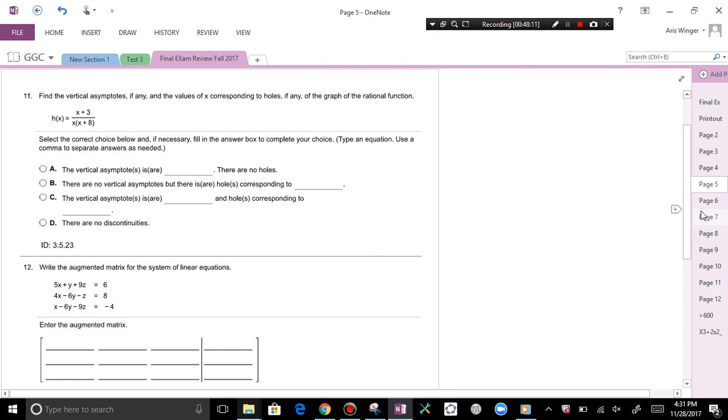Vertical asymptotes. Set the denominator equal to 0 and solve. The denominator for us is x times x plus 8.